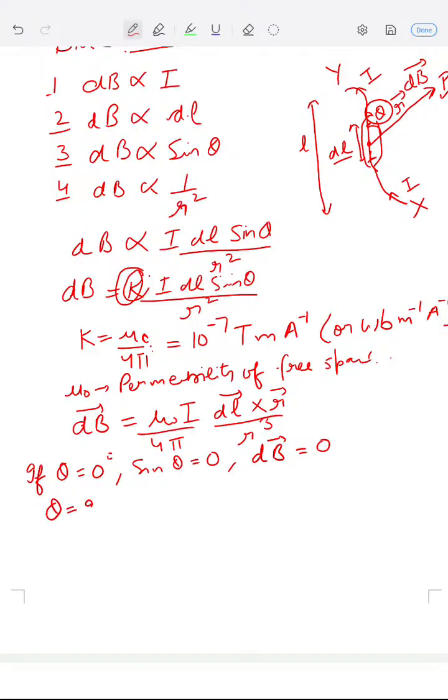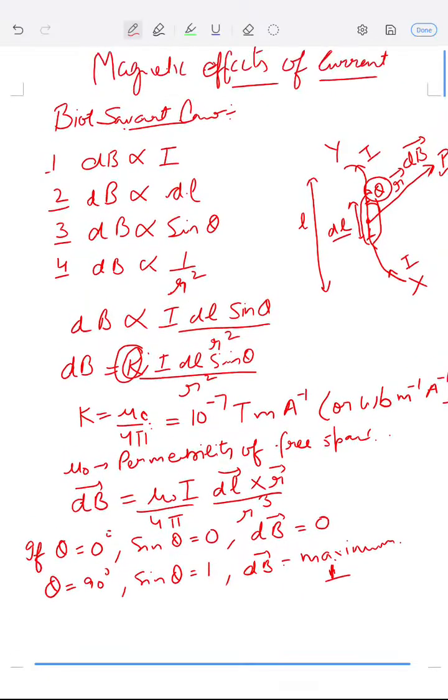If we take theta as 90 degrees, then sine theta will be 1. The magnetic field will be maximum, due to the current element, perpendicular to the axis. Maximum at perpendicular because theta is 90 degrees.